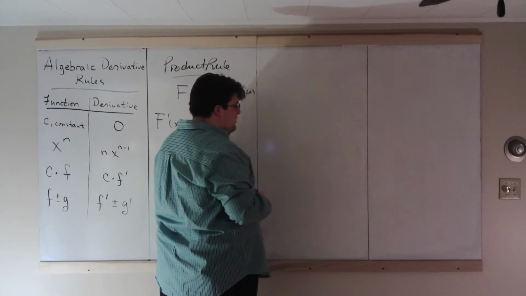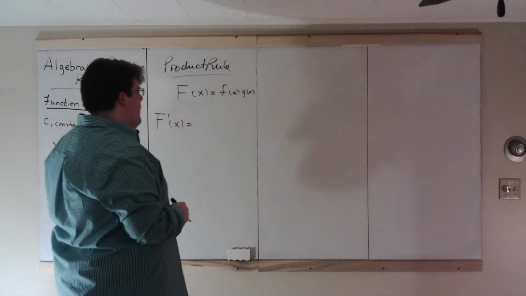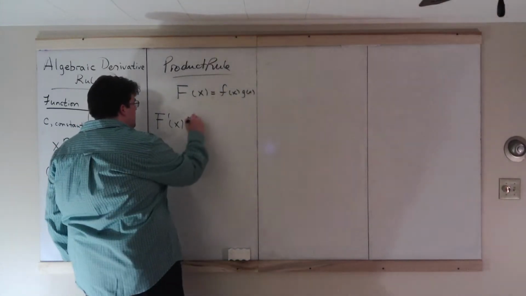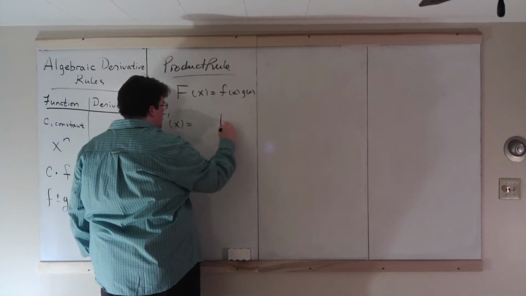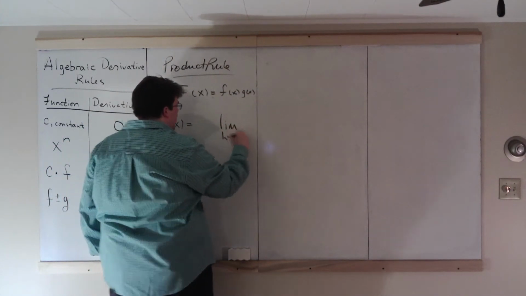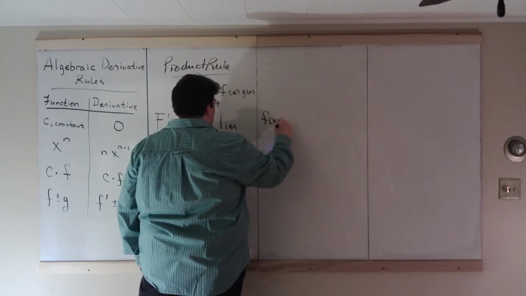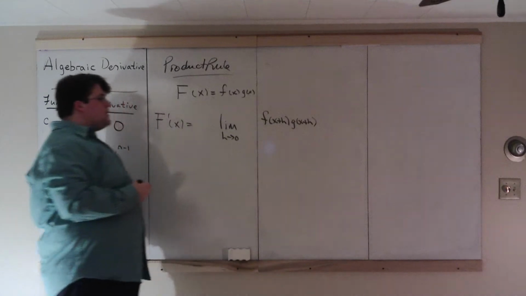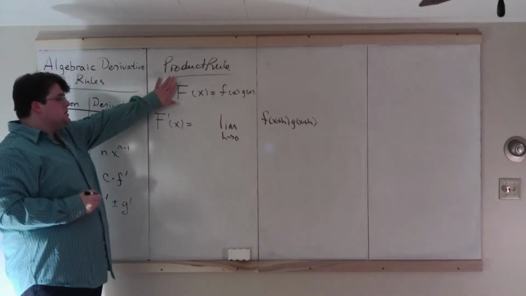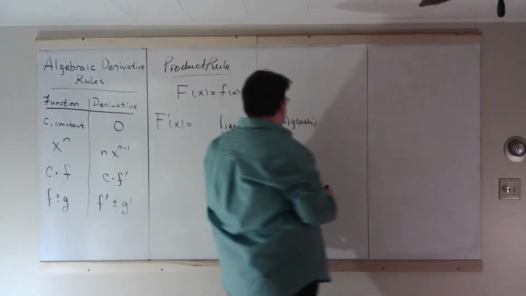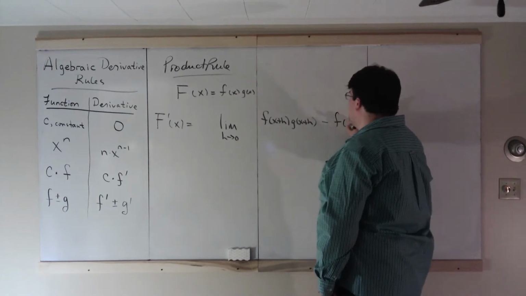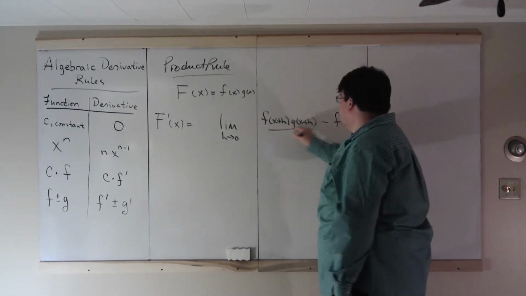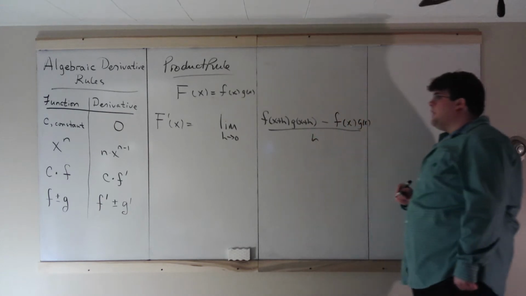So there's capital F of x plus h. Replace all x's with x plus h. Minus capital F of x. And it's all over h.